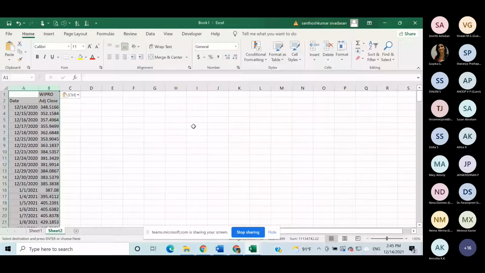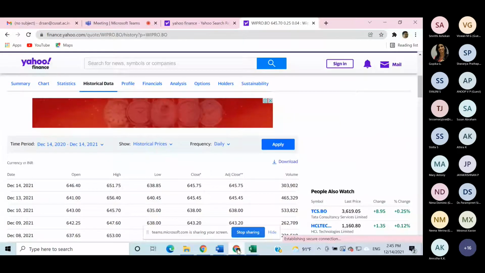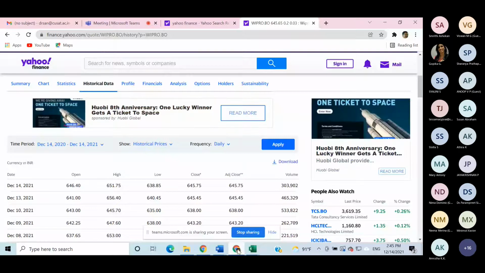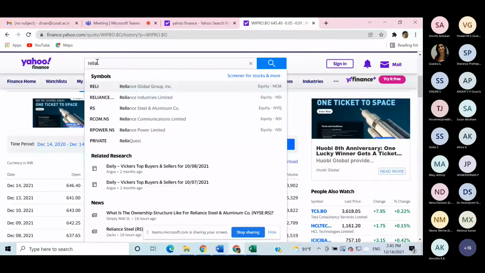Now we are going for, what do you see now? Yahoo Finance. So you type here, Reliance Industries Limited.